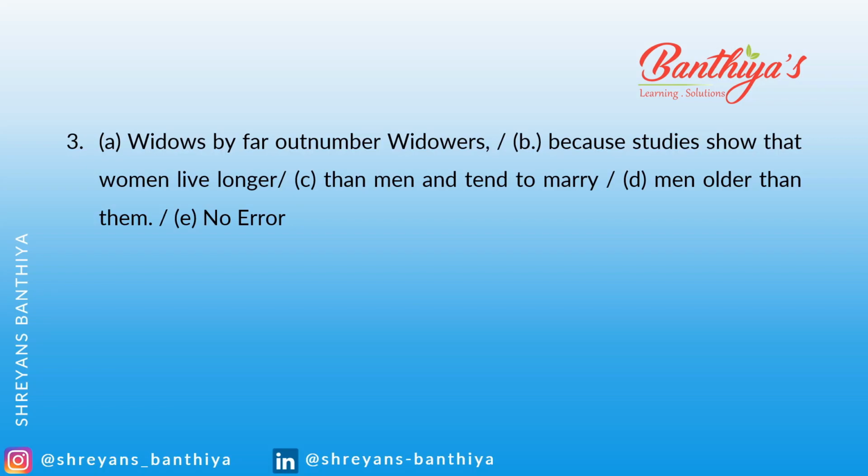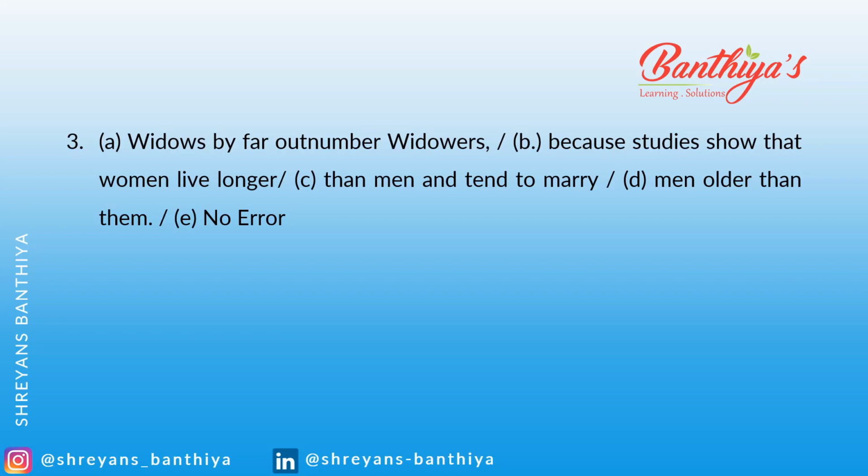So widows by far outnumber widowers because studies show that women live longer than men and tend to marry men older than them. Now, if you have understood the sentence, widows far outnumber widowers. That is, the number of widows is quite large as compared to widowers. And the reason is given that the study shows women live longer, that the life expectancy of women is quite higher as compared to men.